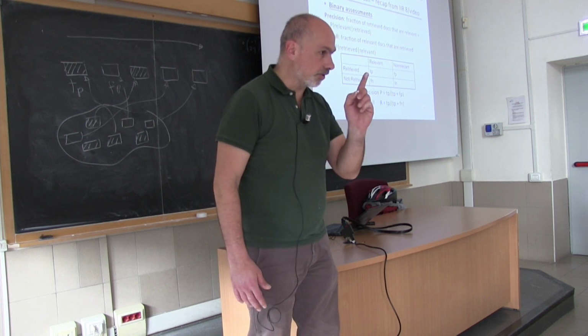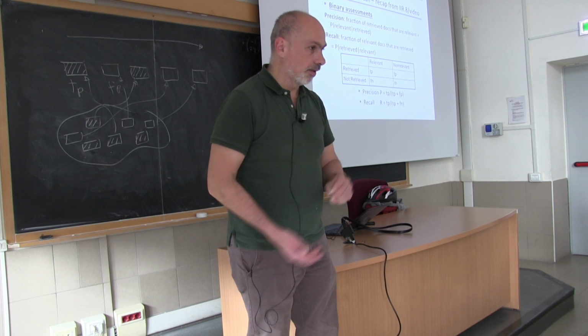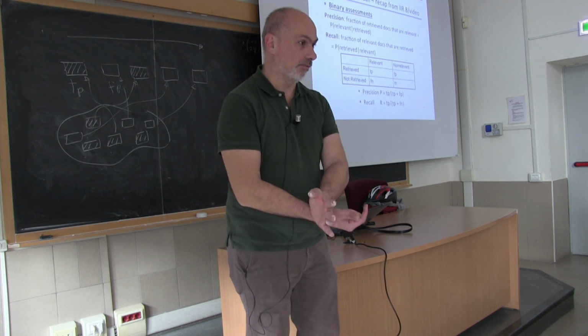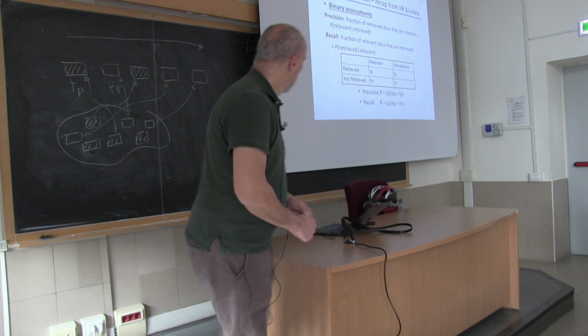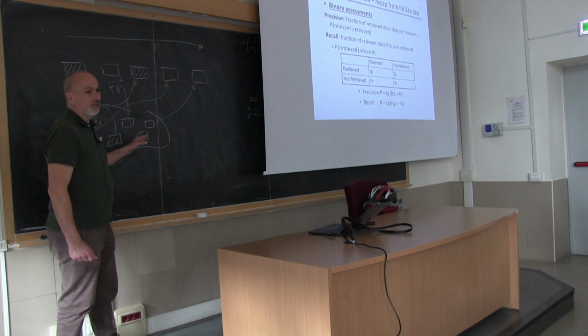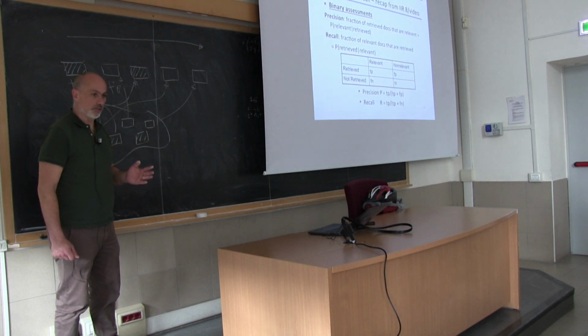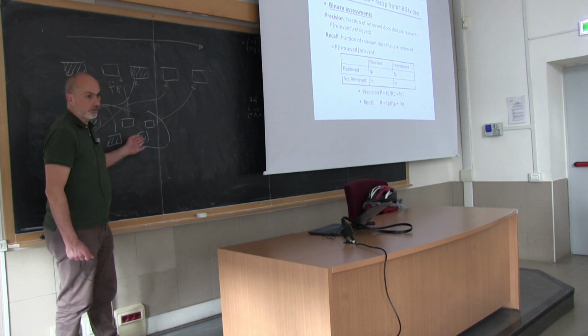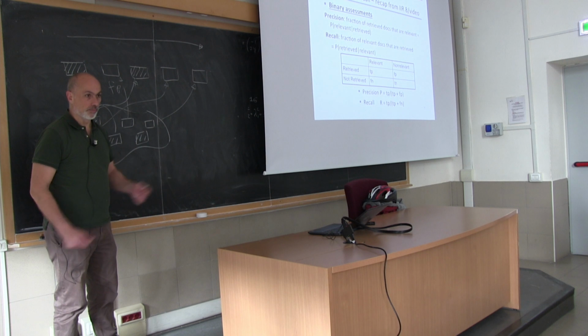So in this case, I'm measuring something different. I'm measuring how well I do with respect to how well I could do. Okay? Very often, we call this recall. This is the fraction of relevant documents that you actually return.